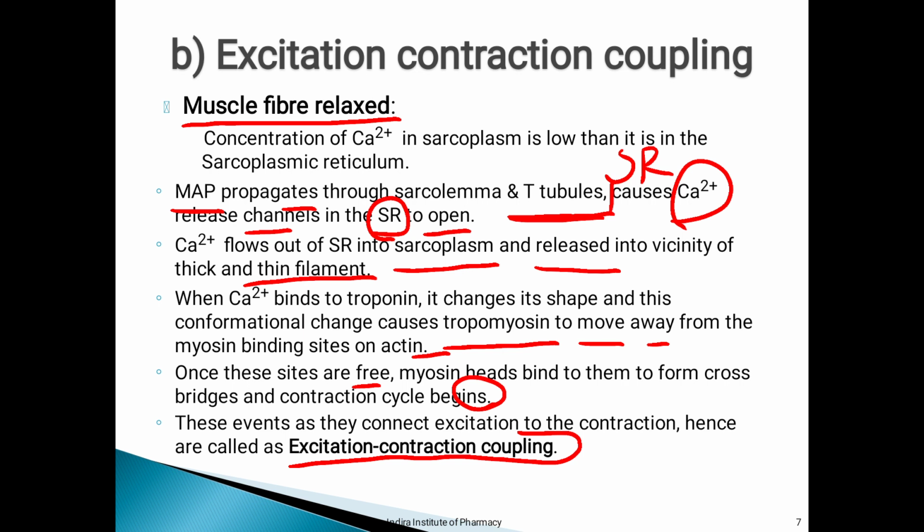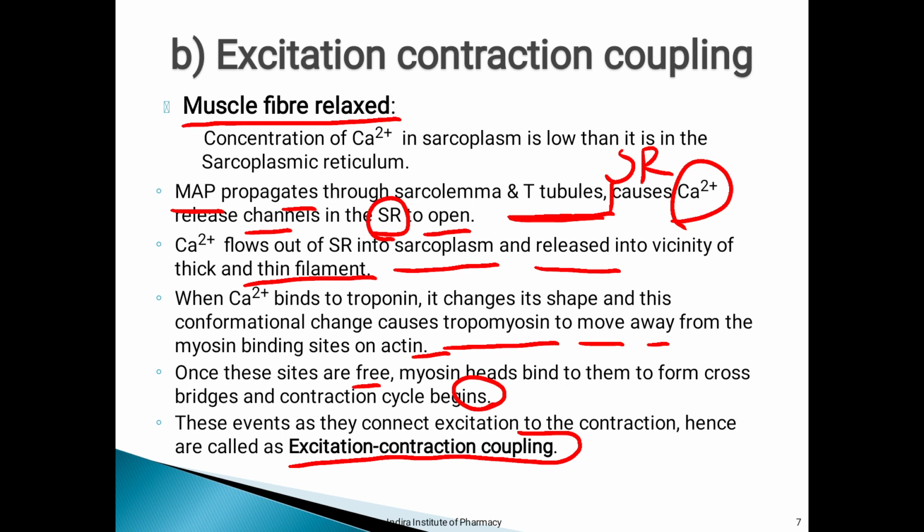So once they enter, the contraction cycle begins because they bind to troponin. Troponin will in turn change its conformation to make the myosin binding site free for binding. So from that step onward, the contraction cycle begins.